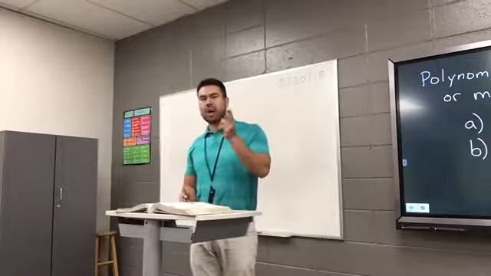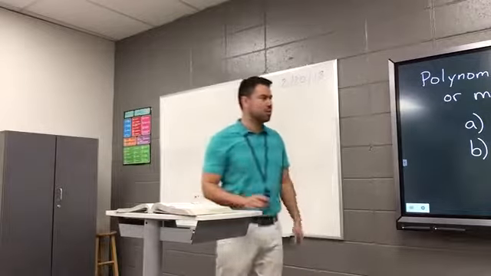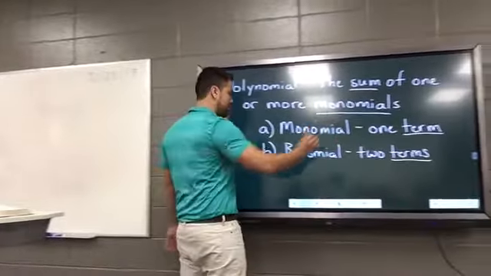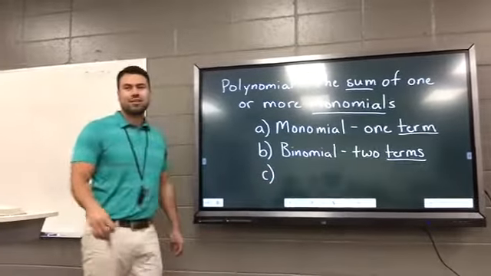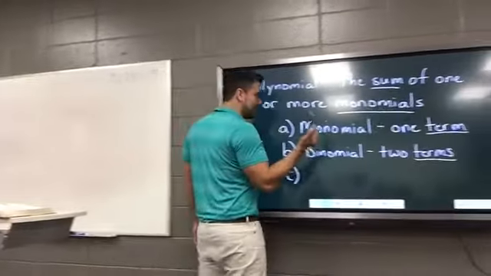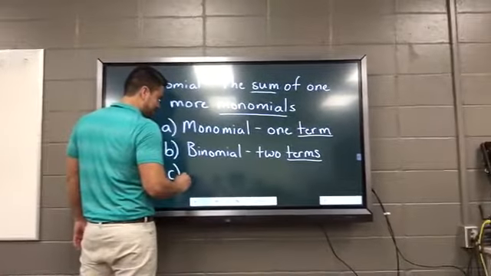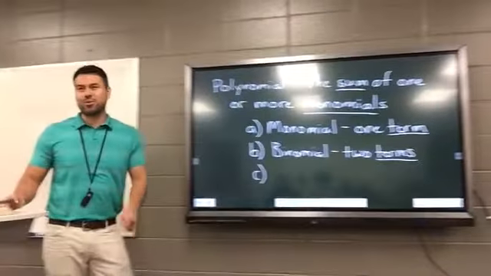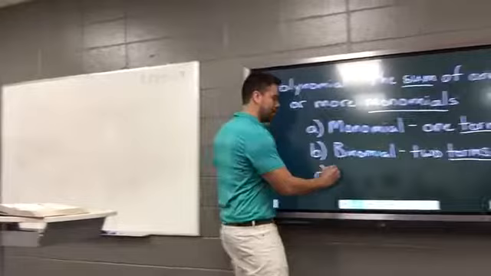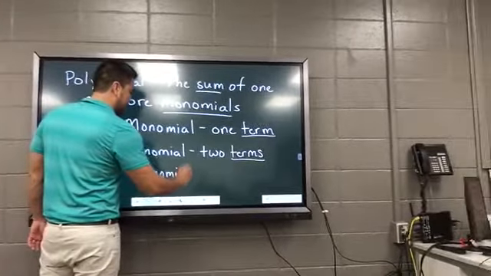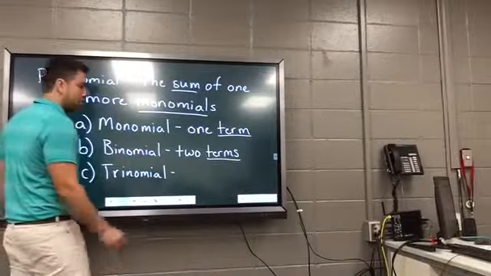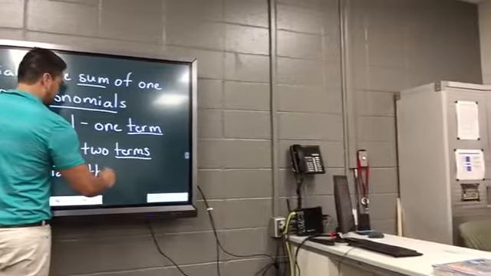Bi means two, like bicycle or bisector. The third type is called a trinomial. How many terms does that have? Three terms.